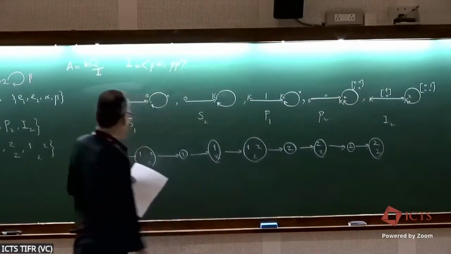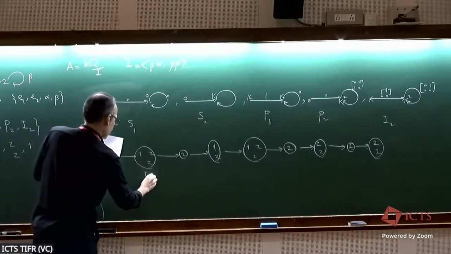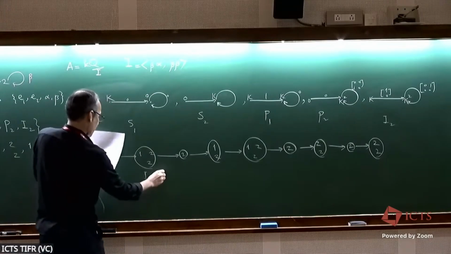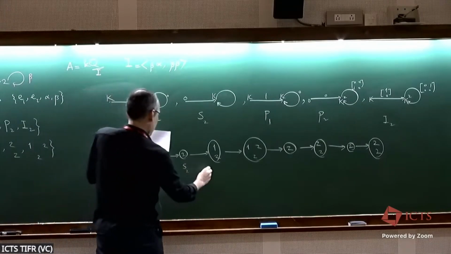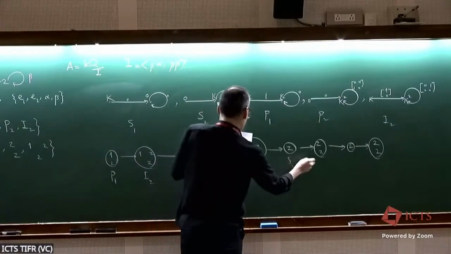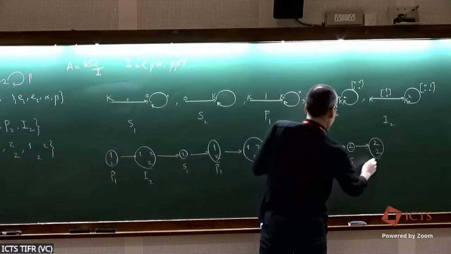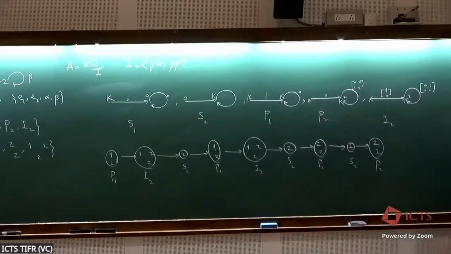So as you see, this is P1, this is I2, this is S2, this is P1, this is I2, this is S2. That is my reminder that I should go faster. This is S2, this is P2.